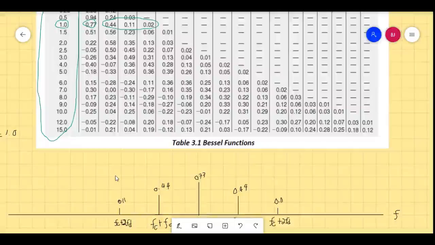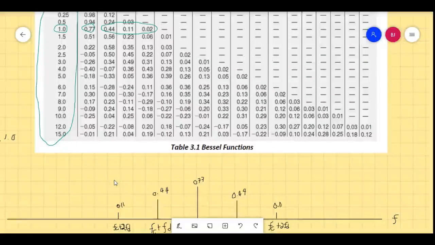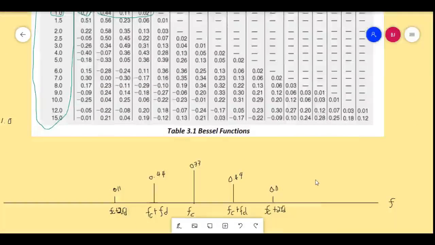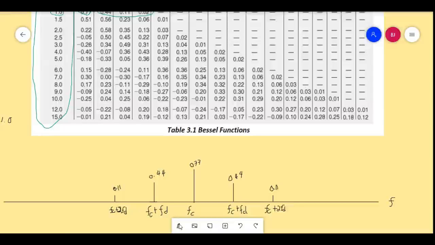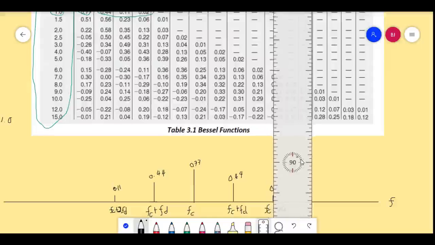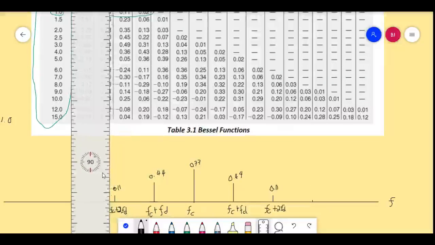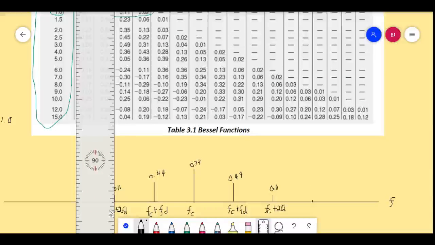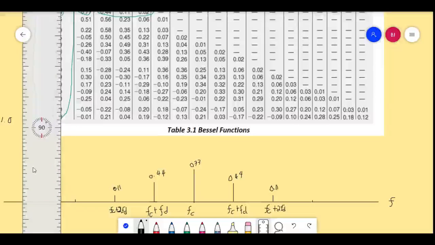So let's look at the last sideband. The last sideband is 0.02. That is actually quite small, so it's almost very short here. And another one here. That'll be enough.